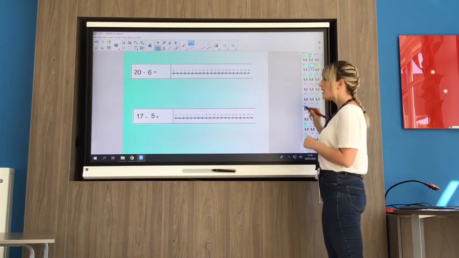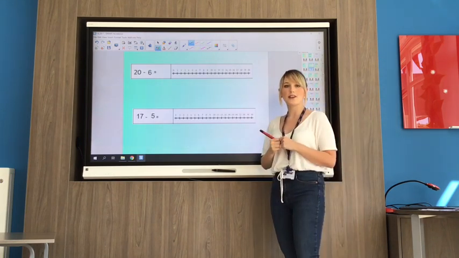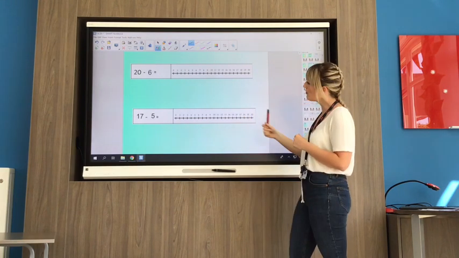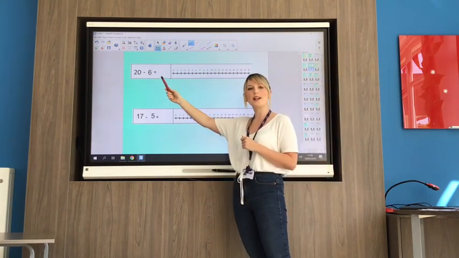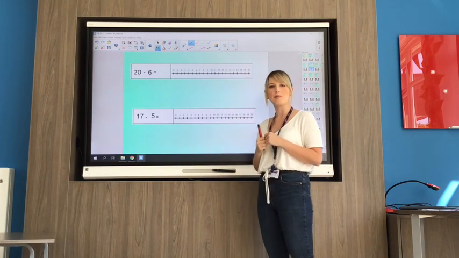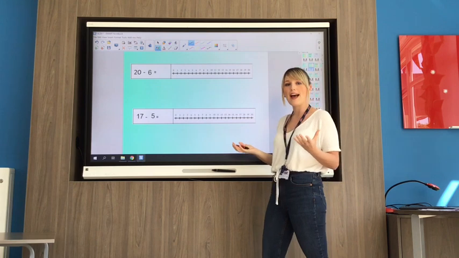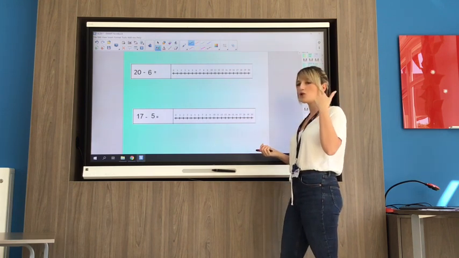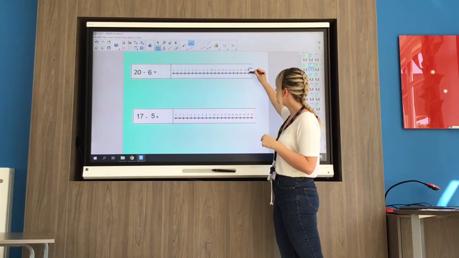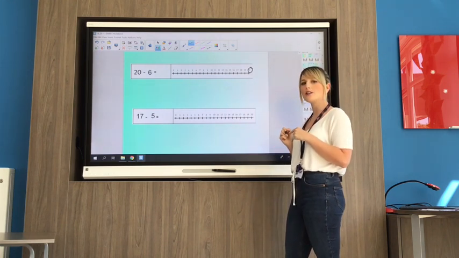You've also got questions like this on the mild sheet where you're using a number line to subtract. The first one is 20 subtract 6. My starting number, if I was doing this in my head, is 20. I'm going to circle the number 20, that's where I'm starting.